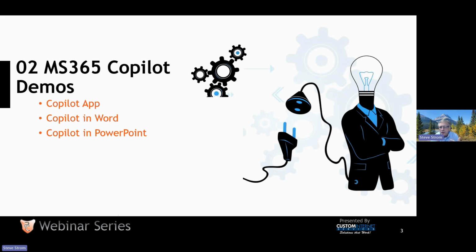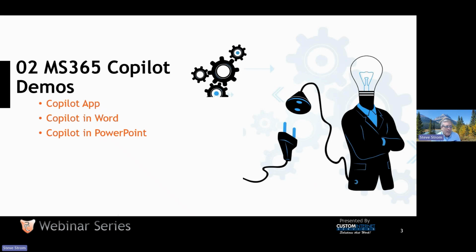As we go through these demos, beginning first with the Copilot app and then going into Word and PowerPoint, I'm going to show you some of the ways that Copilot increases its function and your productivity, but also talk about some of the caveats that we've discovered as we've worked through this.